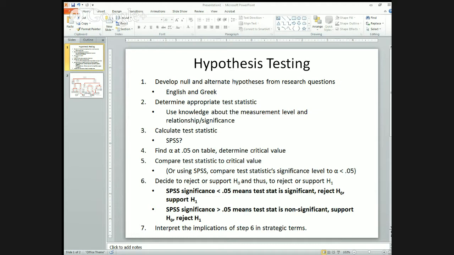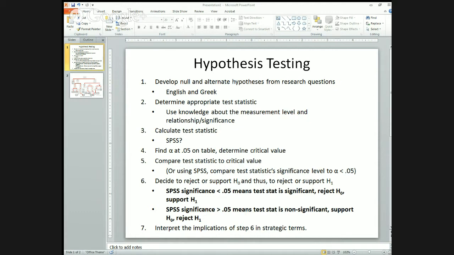So we have these research questions, and we're trying to then develop a null hypothesis, which we've talked about at length. Null hypotheses are typically boring. They say that there's no relationship, that there is no difference between groups or variables.